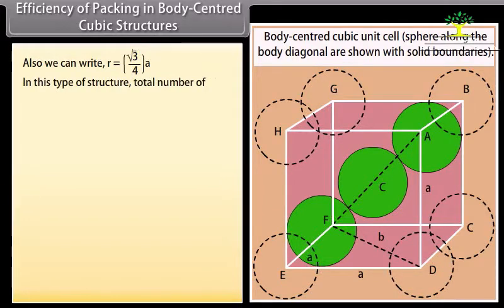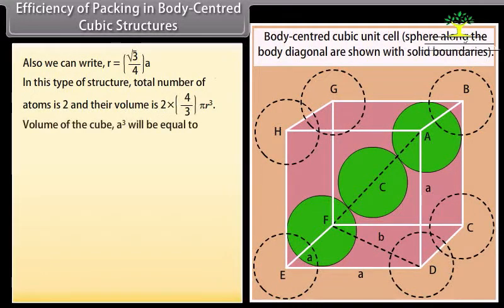In this type of structure, the total number of atoms is 2 and their volume is 2 × 4/3 πr cube. Volume of the cube, a cube, will be equal to (4 upon square root 3 r) cube.